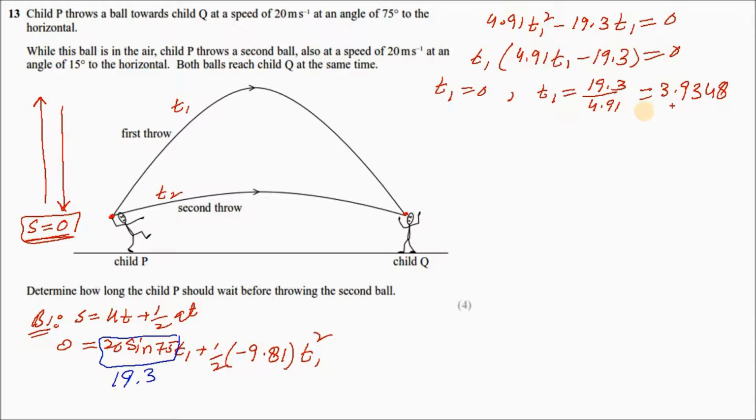3.9348 and 3.94 second. So this is T1. If you apply the same approach for ball B2, then for B2 you have 0 into... the horizontal velocity is 20 sine 15, and then time is T2 minus half into 9.81 T2 squared.